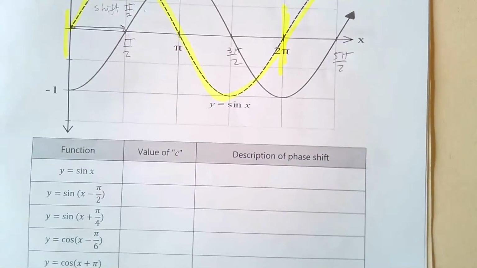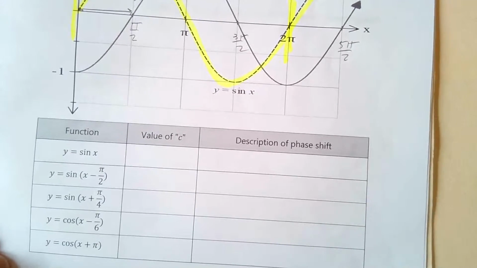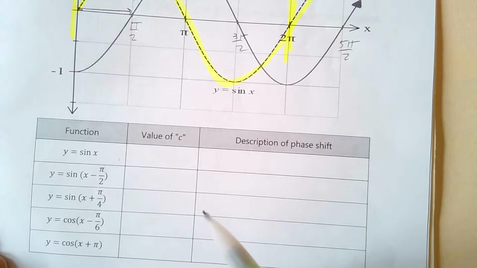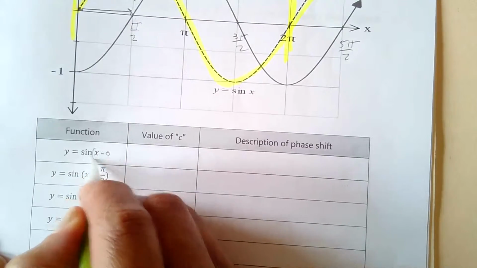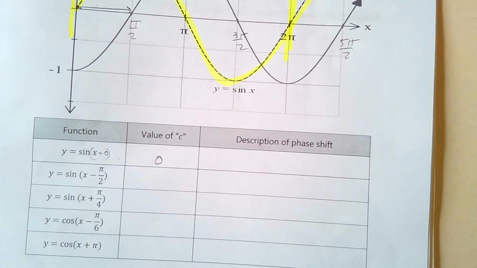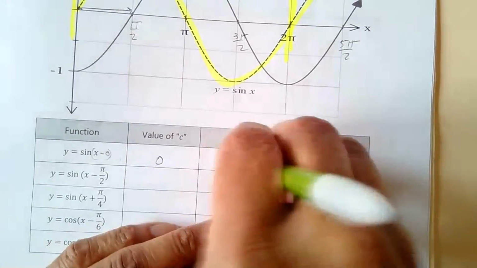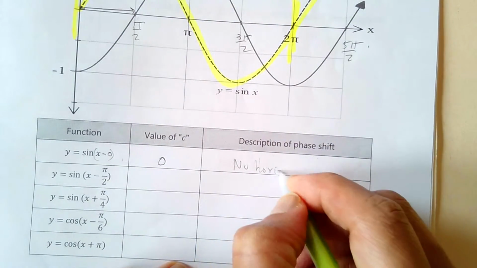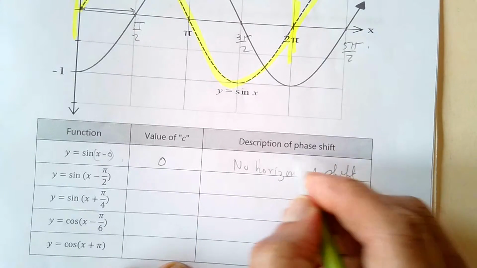So let's look at a few examples here. I'll do it, and then you will try some of these on your own. Here, the value of c, there's no shift. The value of c will be 0. This is like minus 0 here. So the description is there's no horizontal shift, or phase shift, as we call it.